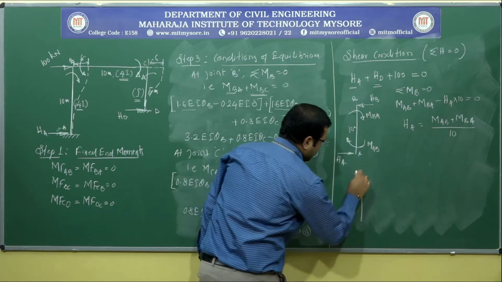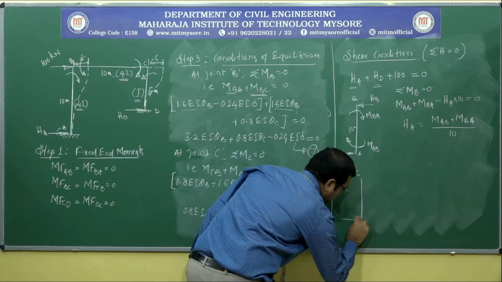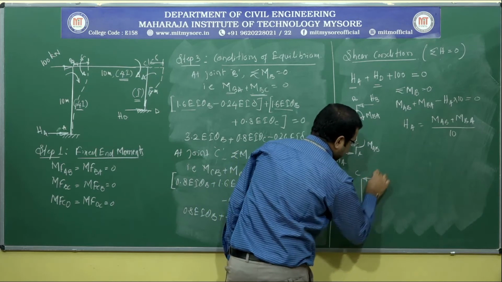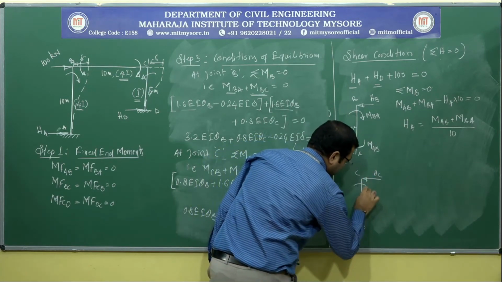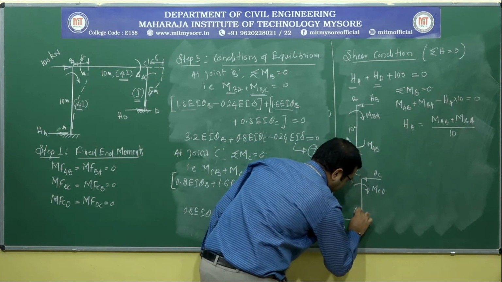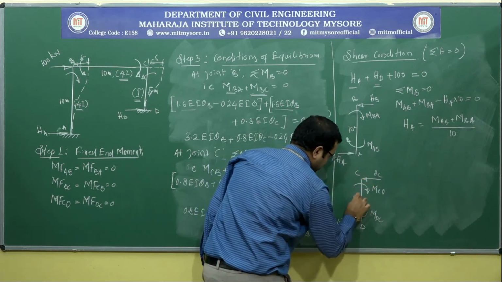If I write the free body diagram of CD member, let us say we have HD, this is HC. Let us assume the end moments MCD and MDC as positive. The height is 5 meter.